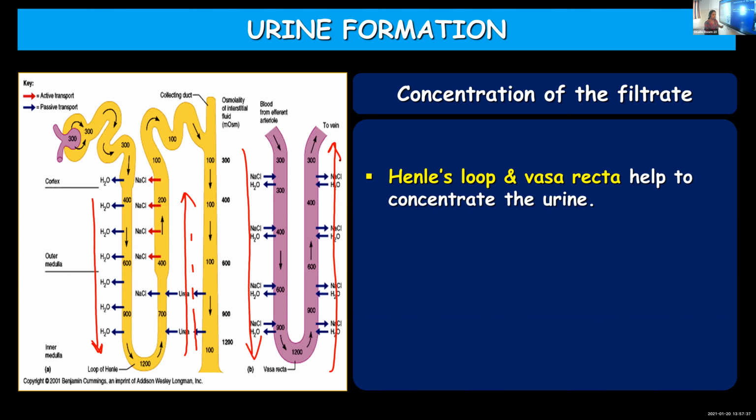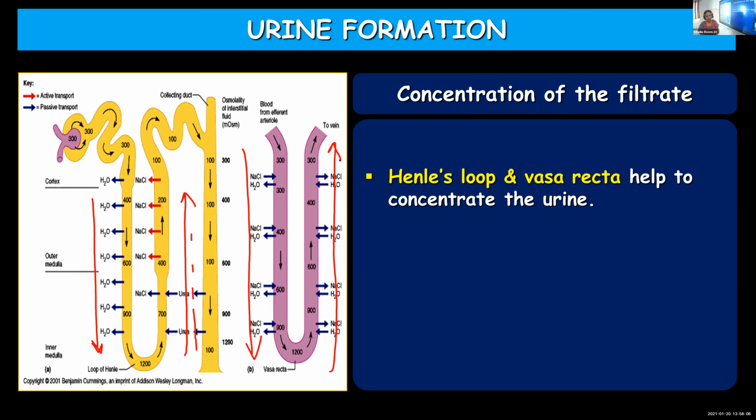Whereas through Henle's loop, glomerular filtrate is being circulated. Through vasa recta, blood is being circulated. And in the two limbs of Henle's loop, the flow is countercurrent, in the opposite direction. Descending limb movement is downwards, ascending limb movement is upwards.